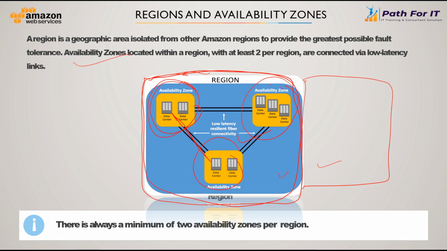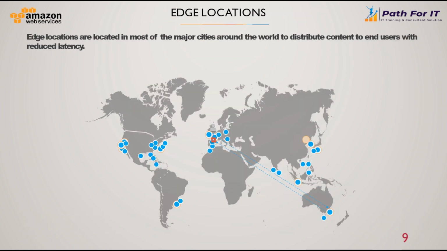And as I've told you, low latency refers to the amount of time it takes to respond to or complete a task. And there is always a minimum of two availability zones per region. You will always have a minimum of two availability zones per region. Now we'll see the edge location, that is the third distribution point of AWS.